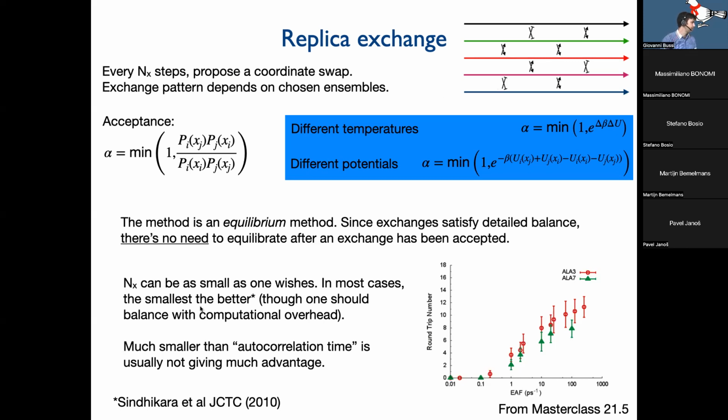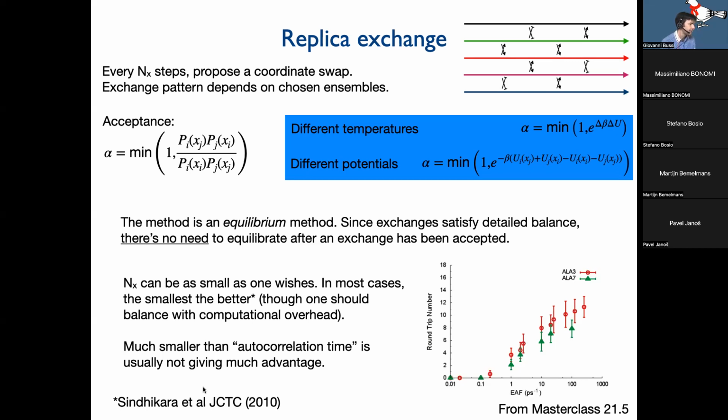In addition, a relevant thing related to this is that you don't need to wait many steps between exchanges. Actually, it can be shown that it's a good idea not to wait too much between exchanges, and there's a nice paper here showing this systematically on a set of systems. Basically, the more frequent the exchanges, the better. Except that with typical implementations, if you exchange too frequently, the simulation could slow down.